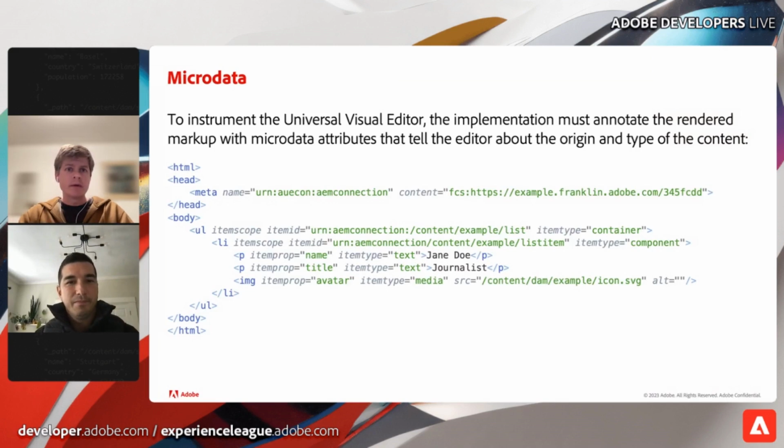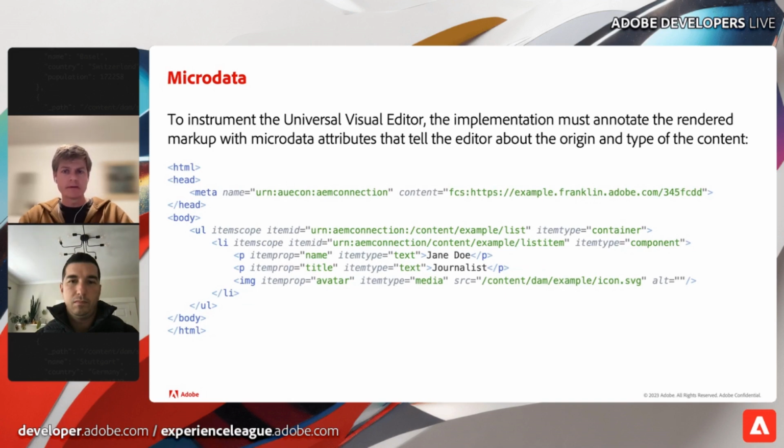Yeah. And I wanted to give you a little bit of insight into how it's working. It all relies on attributes that you add to your rendered HTML. And it does not matter if these attributes are being inserted client side or server side. That all does not matter.